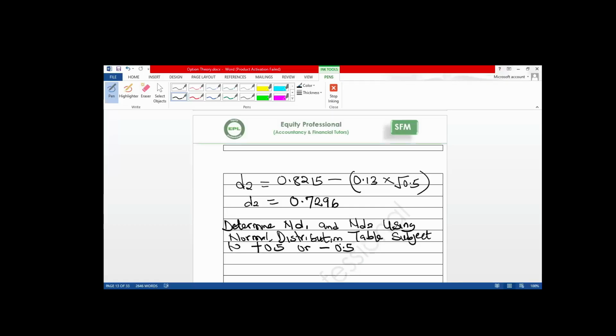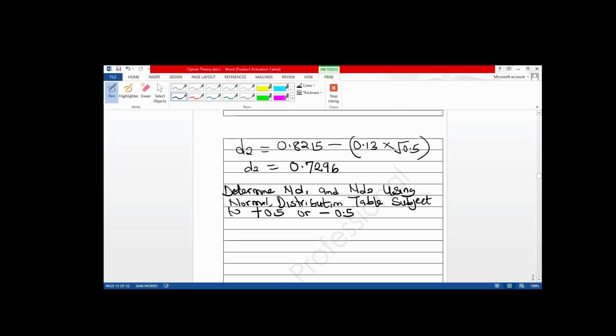This normal distribution table, you have your row and your column, and it's subject to 0.5 plus and 0.5 minus. You now start with your D1.